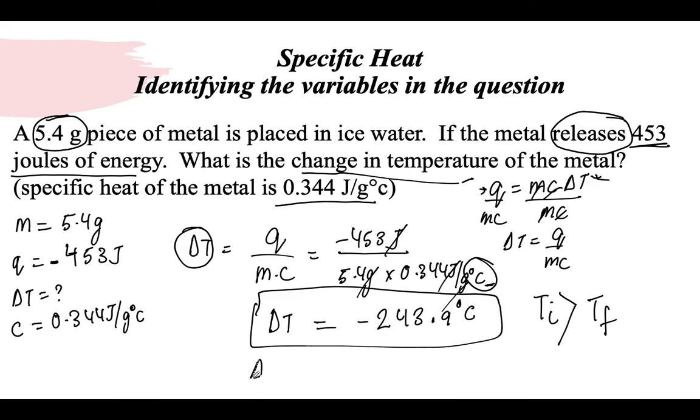Okay, and you guys can know this because delta T is TF minus TI. If the difference is negative, right, that means the initial number is way higher. If the difference is positive, that means the final temperature will be higher.